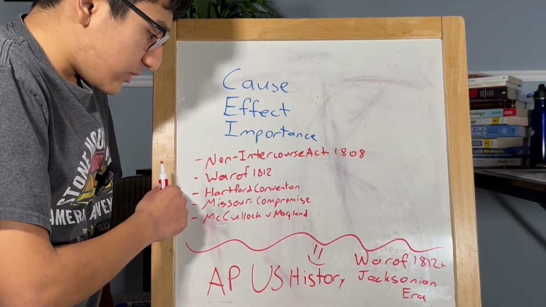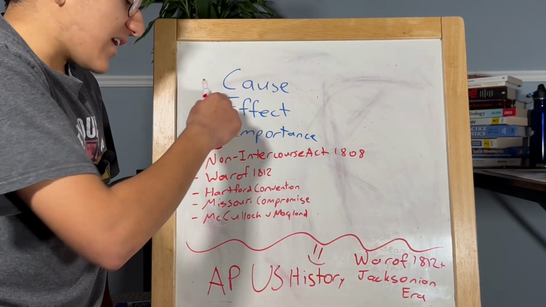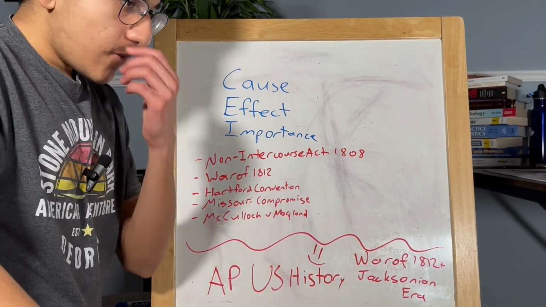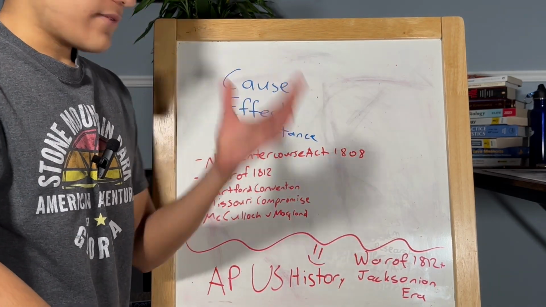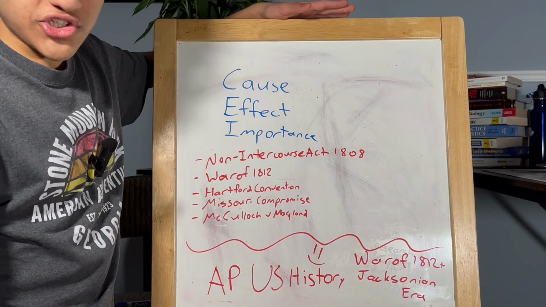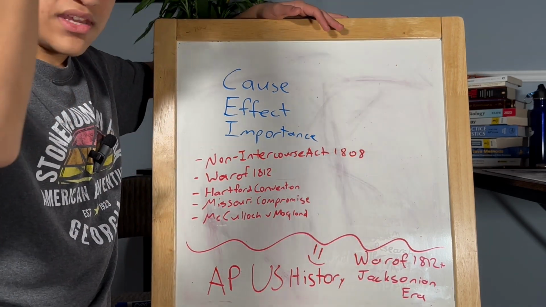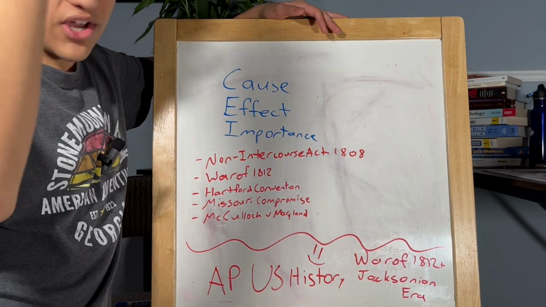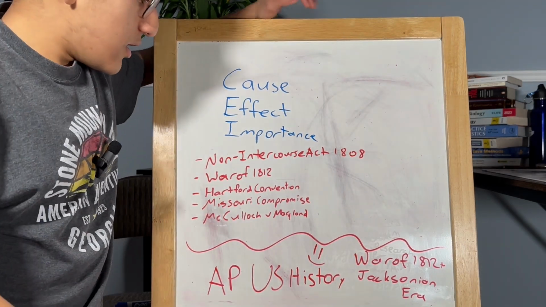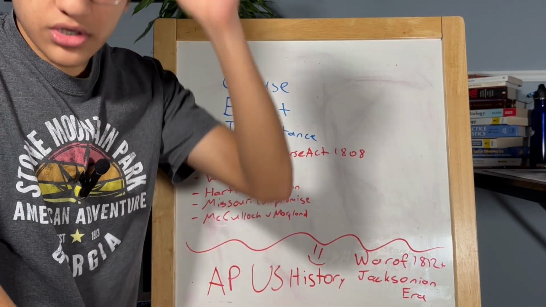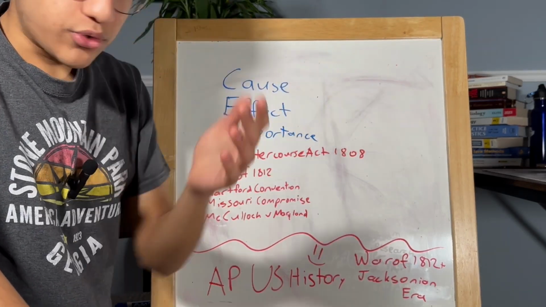Next up, sorry, not next up, the effects of the War of 1812. One of the biggest ones is the invasion and burning of Washington; they burnt the White House down after the Americans invaded York in modern-day Ontario, which is British territory.